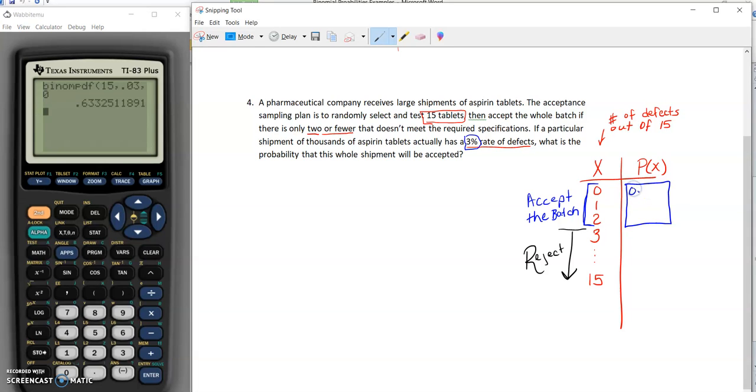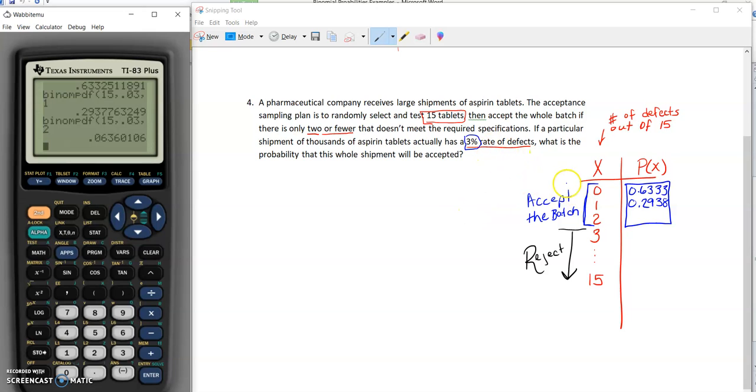I'm going to round to 4 decimal places. The homework will tell you what to round to, but then I would do it again for 1 defect, the probability that there's only 1 tablet with a defect. And then do it again for 2 tablets with a defect.